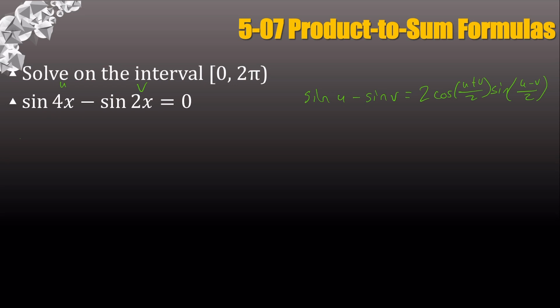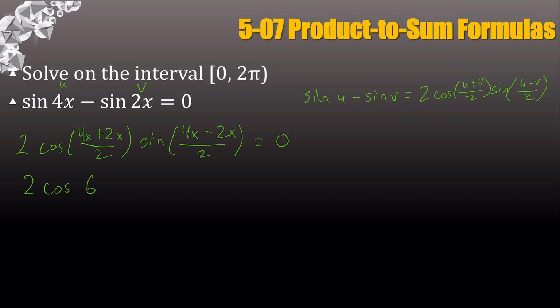So this would become 2 times cosine of 4x plus 2x over 2, sine of 4x minus 2x over 2, which simplifies to 6x over 2, which is 3x.